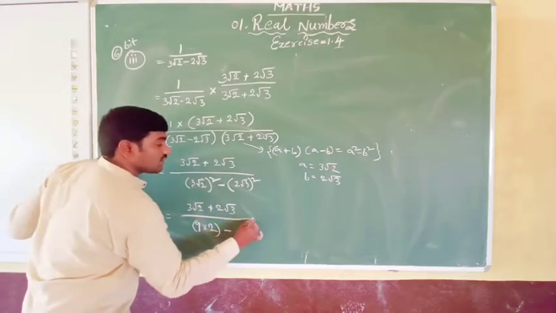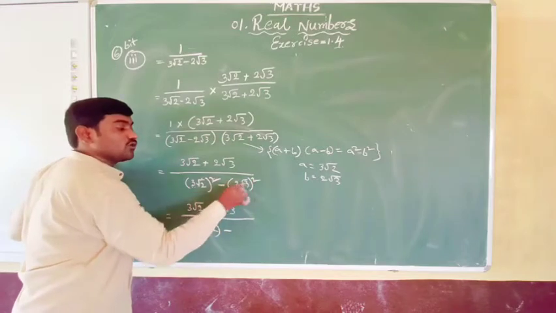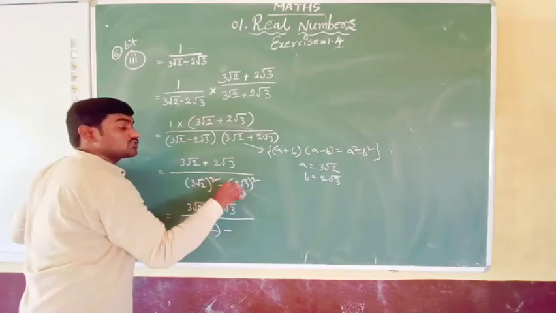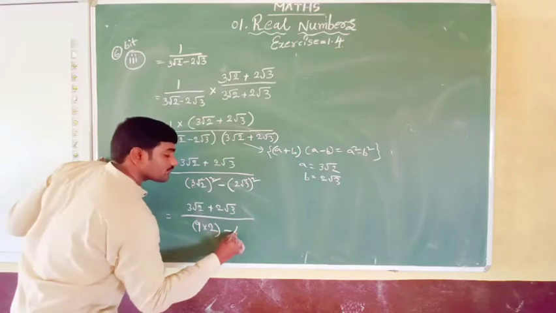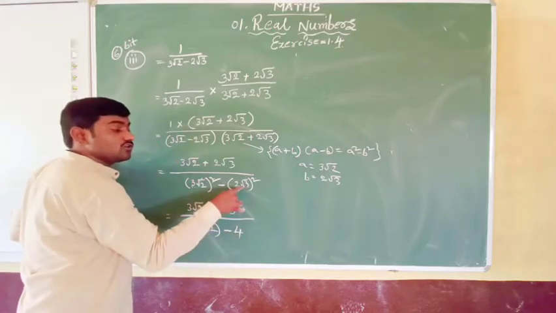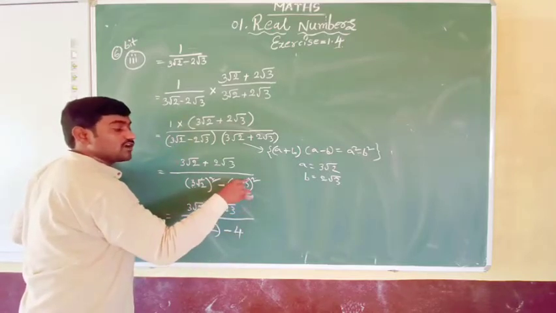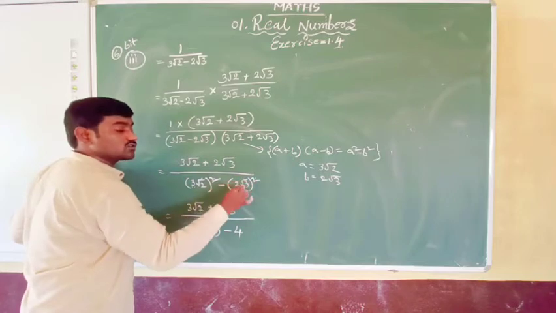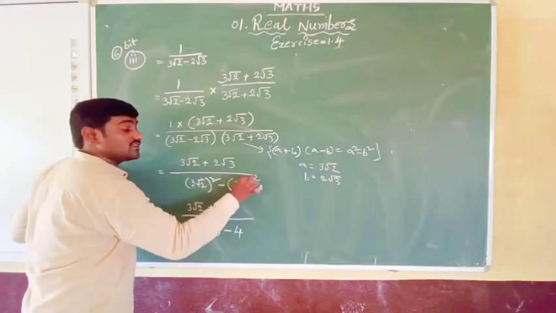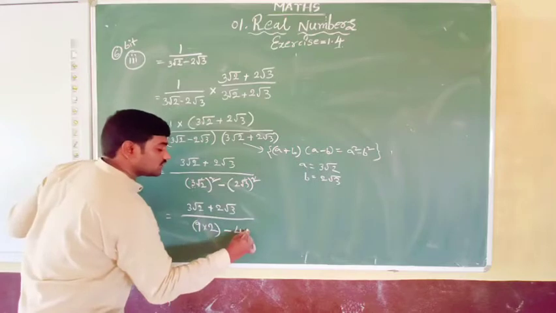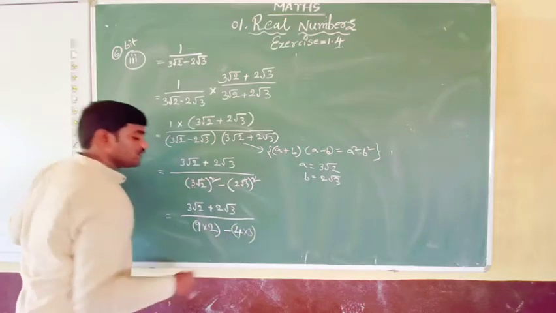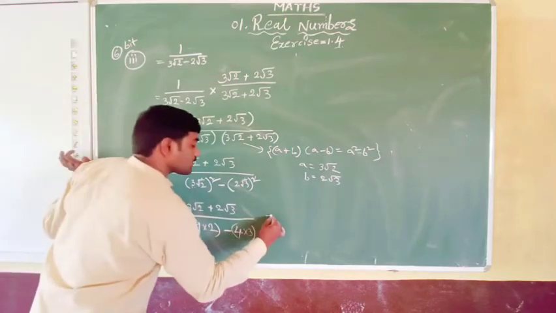Now minus, here also the square is for both the numbers. So first we square the 2. 2 square is 4. Here what is there now? Root 3 whole square. Square root and square both get cancelled, so only 3 is left over. Here you need to do it very carefully.